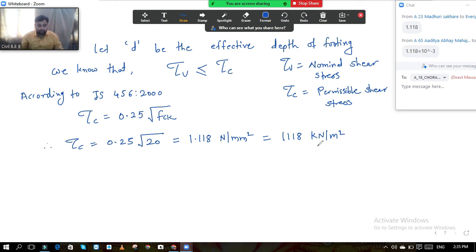Now see what we are going to do and how we are going to calculate the depth. Whatever shear force is getting generated, I am talking about shear force now, not about shear stress, tau v and tau c. Just listen carefully. Whatever shear force is developed in the footing, Vu is the notation we always use for shear force.